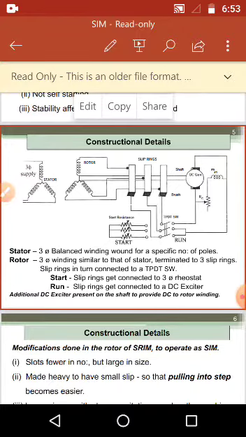Once the stator is given a 3 phase supply, as we have already discussed, a 3 phase supply produces a rotating magnetic field. So, if the stator is provided with a 3 phase supply, a rotating magnetic field is developed in our stator.